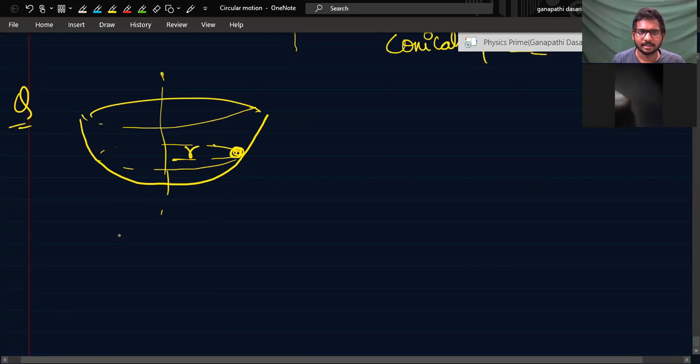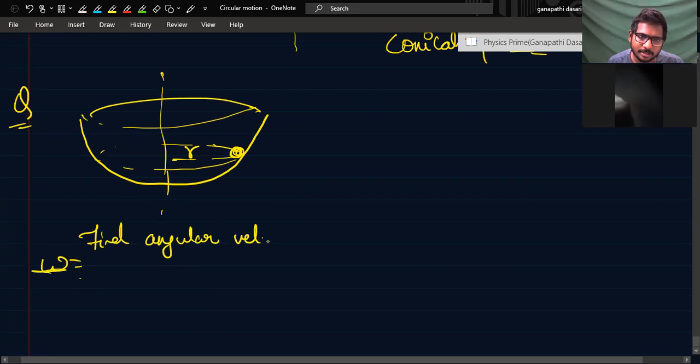The question is, find the angular velocity omega for stable horizontal circular motion.